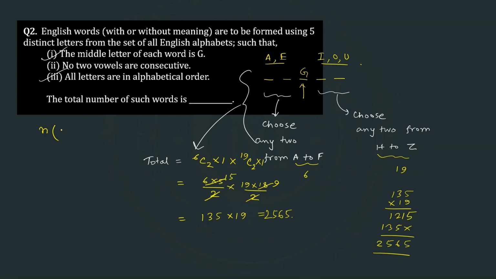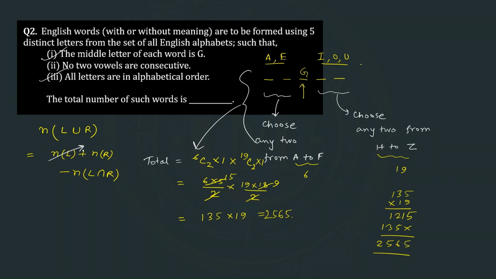So either left or right. According to set theory, this will become n of L plus n of R minus n of L intersection R. Now what will be the number of L? n of L is the number of ways in which we can fill up these two places using these two vowels such that the two vowels are consecutive.